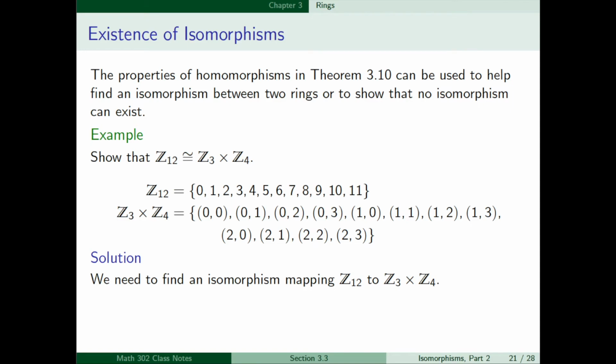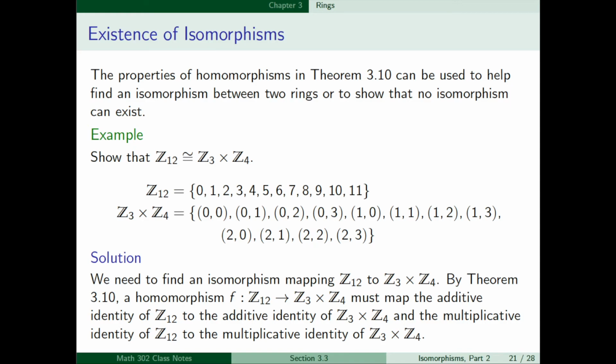So to show that Z12 is isomorphic to Z3 cross Z4, we need to find an isomorphism mapping Z12 to Z3 cross Z4. Now by theorem 3.10, a homomorphism f from Z12 to Z3 cross Z4 must map the additive identity of Z12 to the additive identity of Z3 cross Z4, and the multiplicative identity of Z12 to the multiplicative identity of Z3 cross Z4.